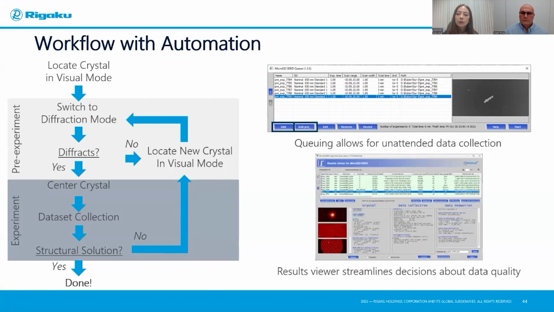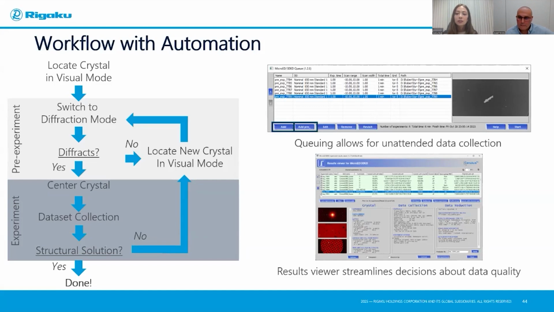When it comes to those decisions of whether you want to go back to a crystal whose diffraction you've tested and collect a data set, or whether you're actually done and happy with your final structural solution, those decisions are streamlined as much as possible with the results viewer.